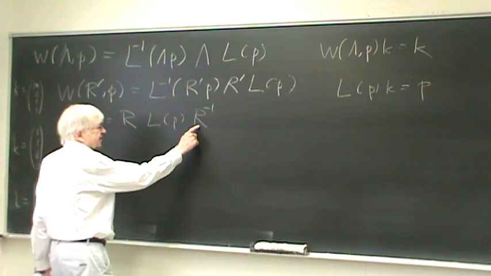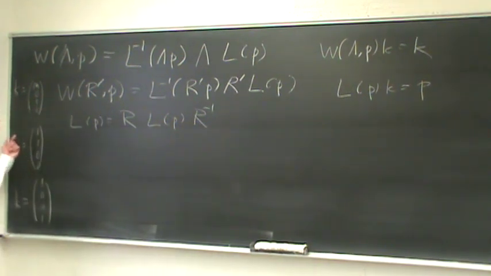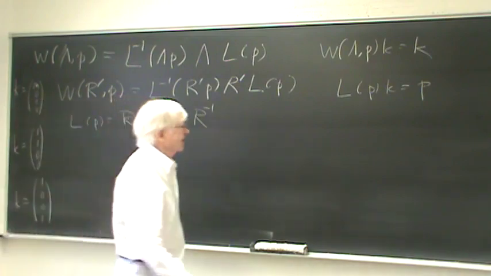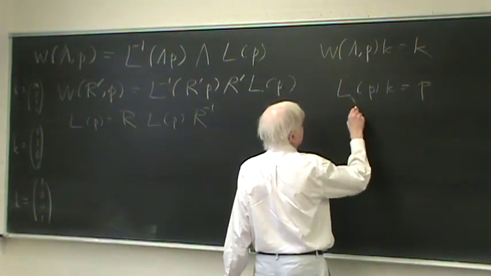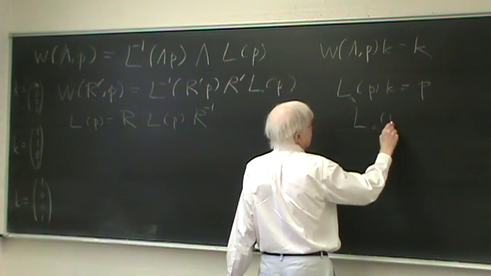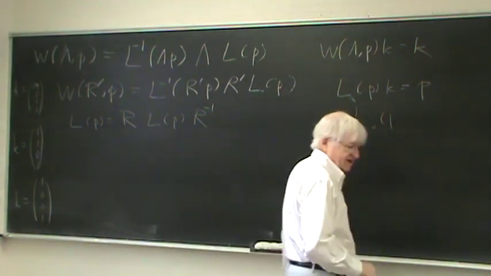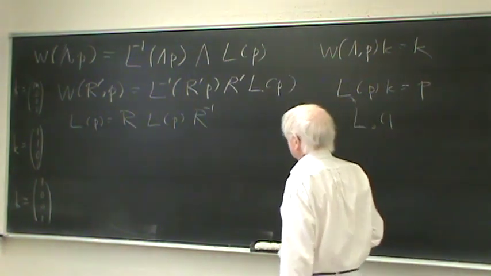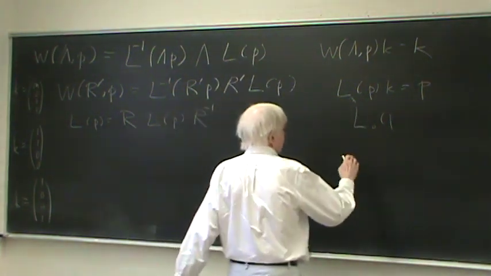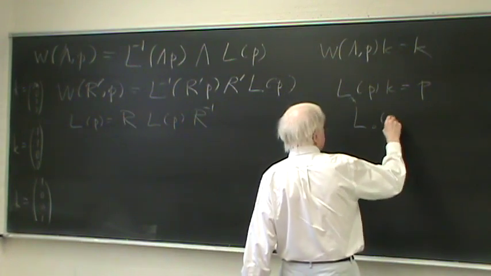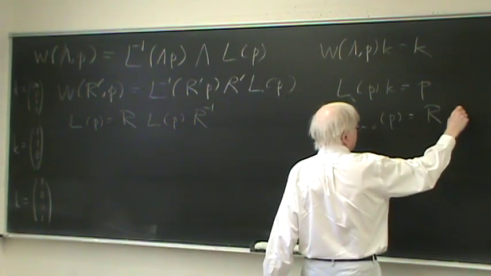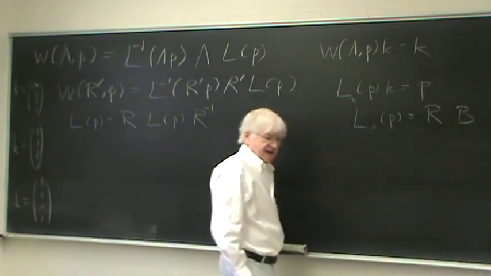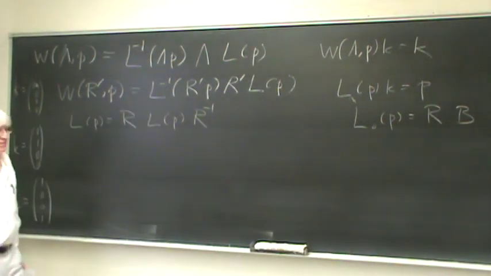And R inverse, of course, has no effect on p for a massive particle. And in fact, for massless particles, L of p, well, L of p always takes K into p, but for massless particles, L of p is simply R times a boost that takes the fiducial vector.